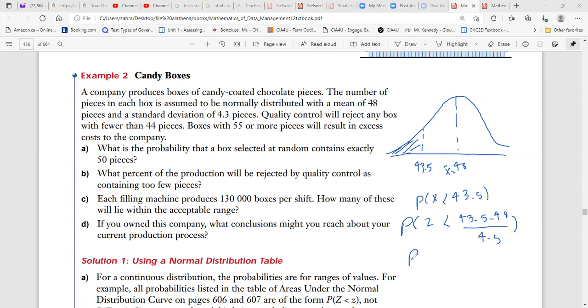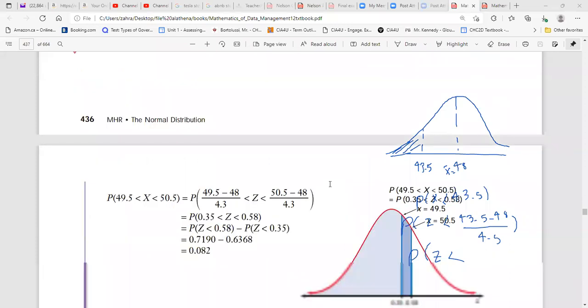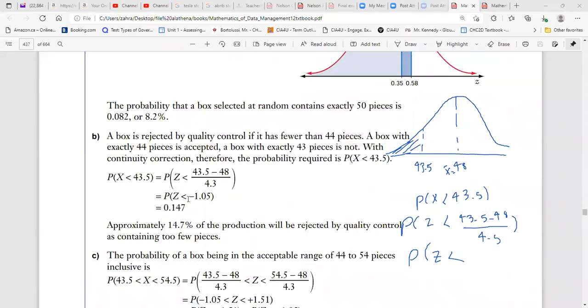So you get P of Z less than negative 1.05.